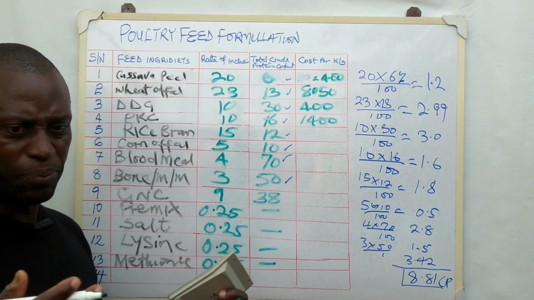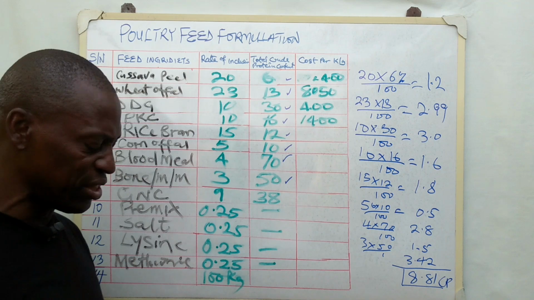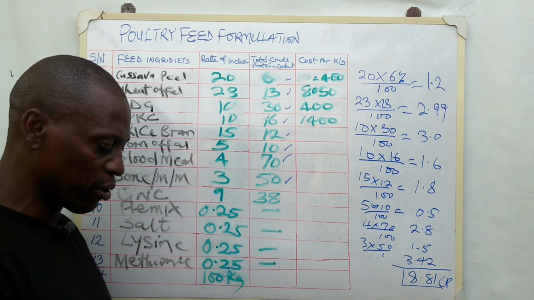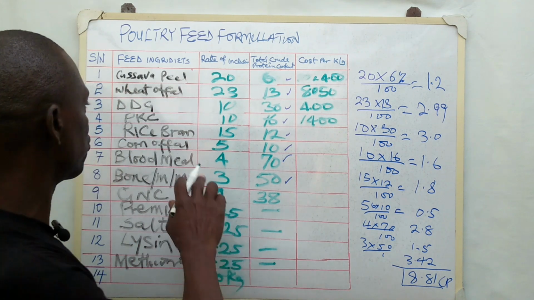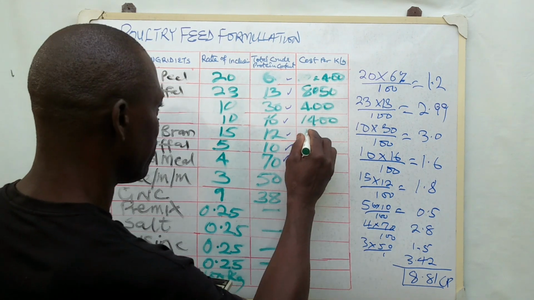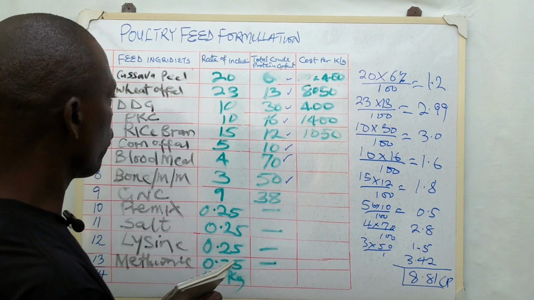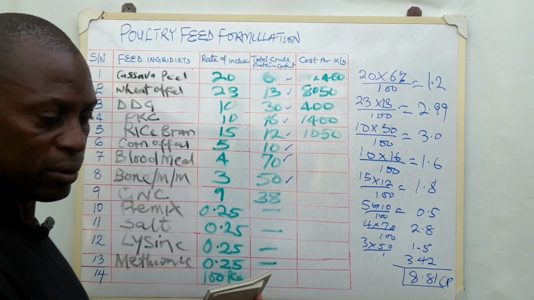You get rice bran at 70 naira at most. That will give us 70 naira times 15, which is 1,050 naira.